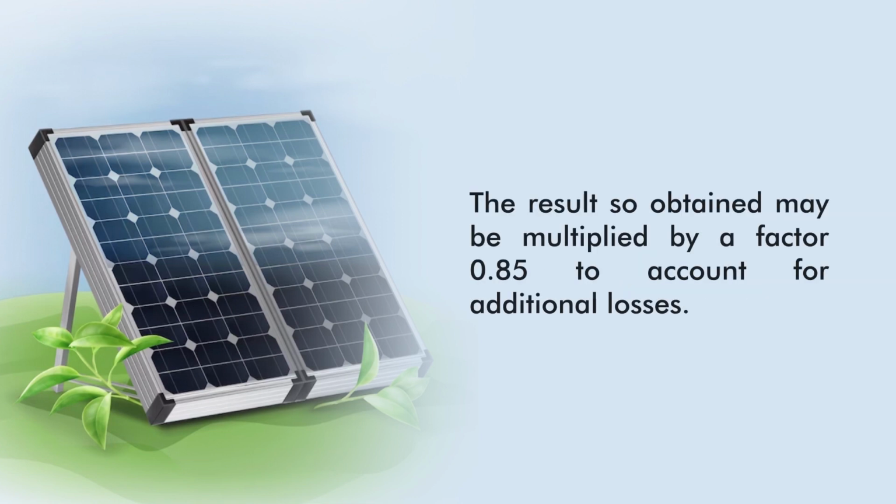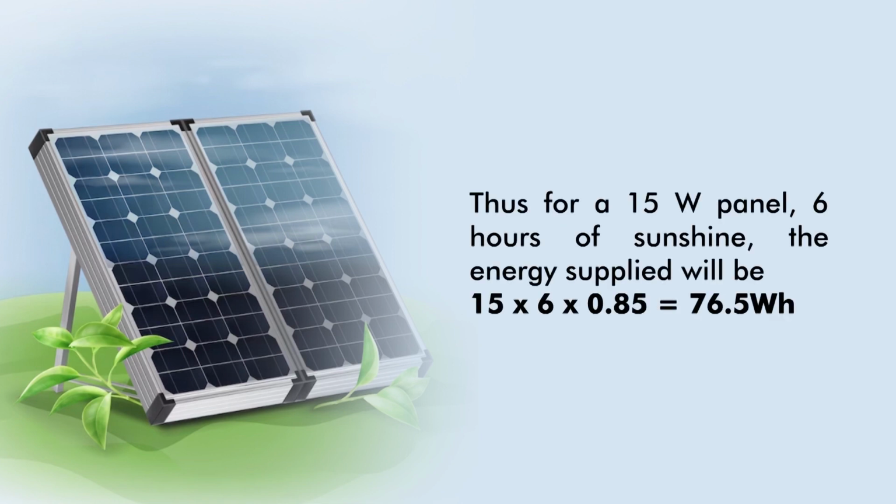Then this result may be multiplied by a factor of 0.85 to account for the additional losses. For a 15 watt panel and 6 hours of sunshine, the energy supplied will be 15 multiplied by 6 multiplied by 0.85, so it comes to nearly 76.5 watt hour.